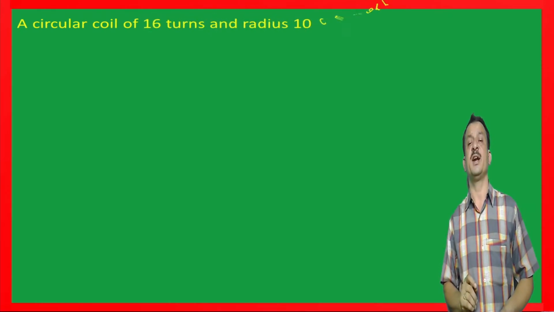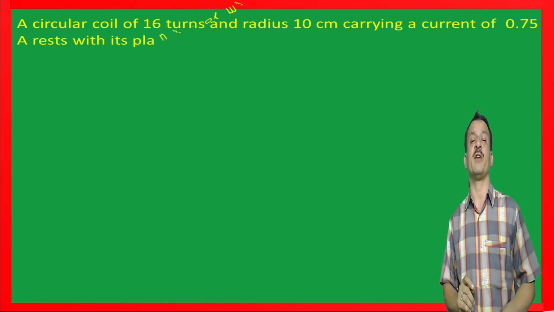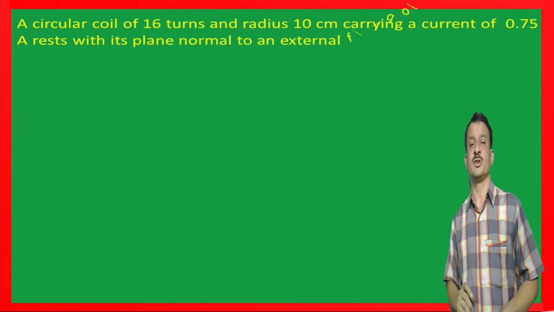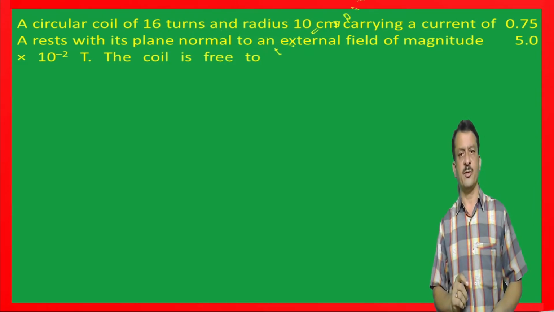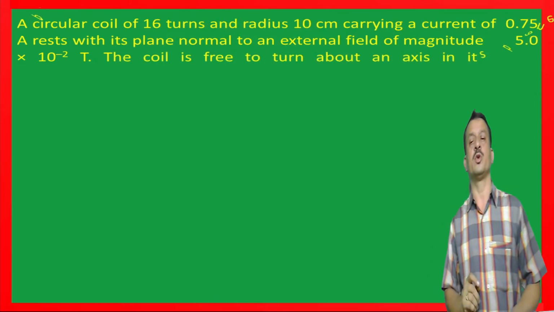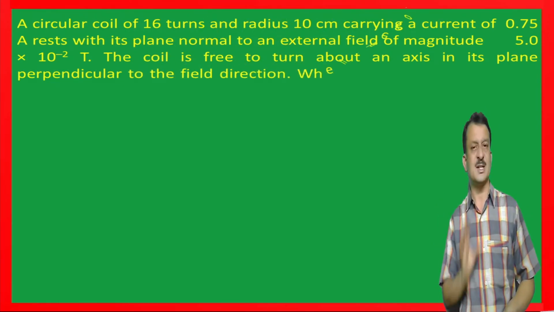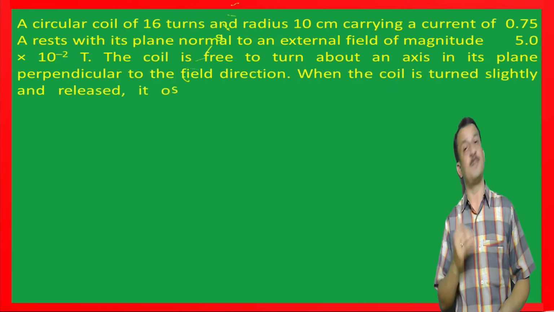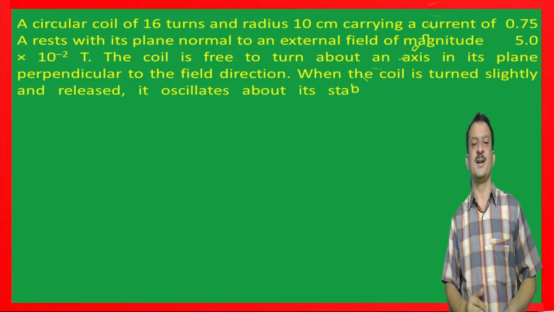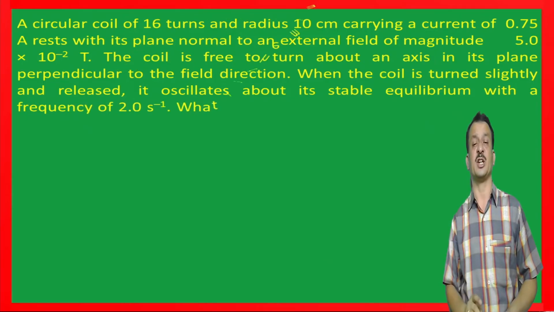A circular coil of 16 turns and radius 10 centimeter carries a current of 0.75 amps. It rests with its plane normal to the axis of external field of magnitude 5.0 into 10 raised to minus 2 Tesla. The coil is free to turn about an axis in its plane perpendicular to the field direction.